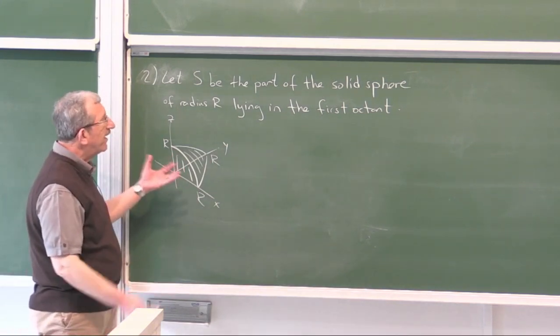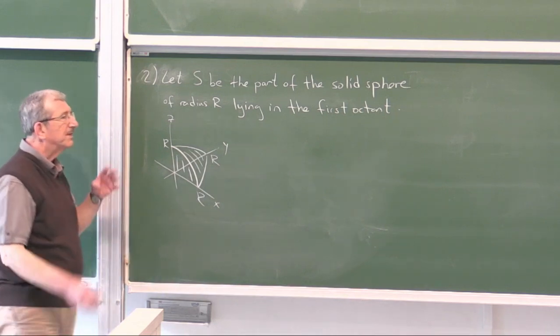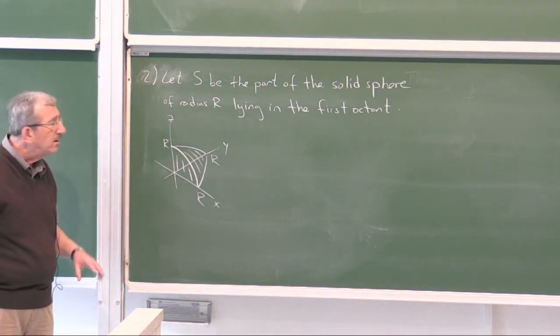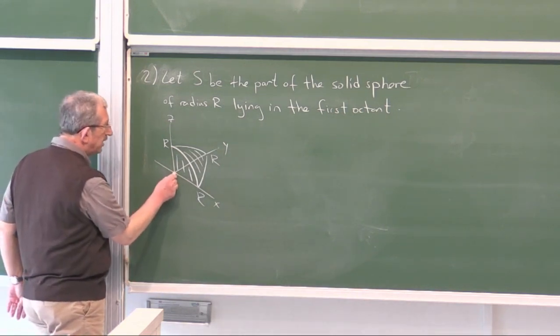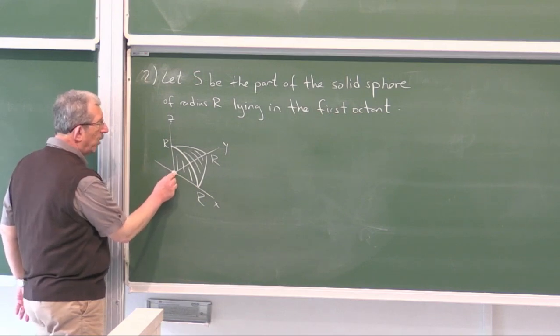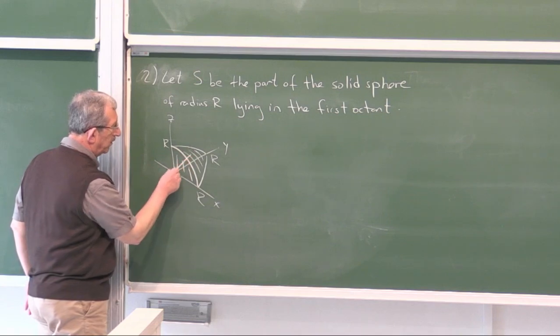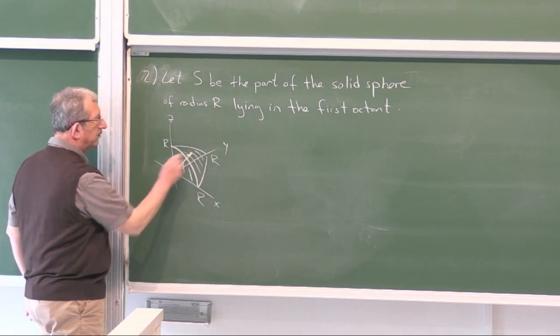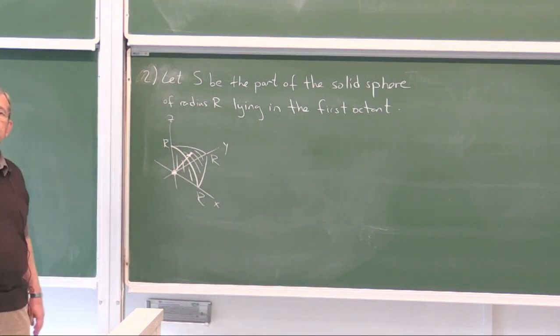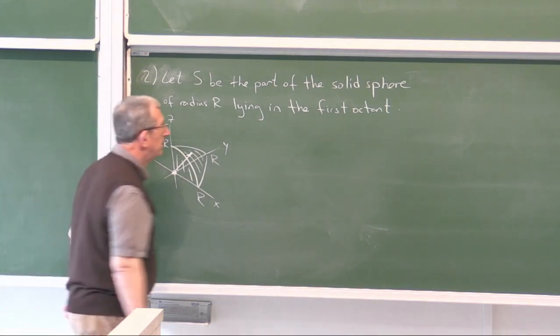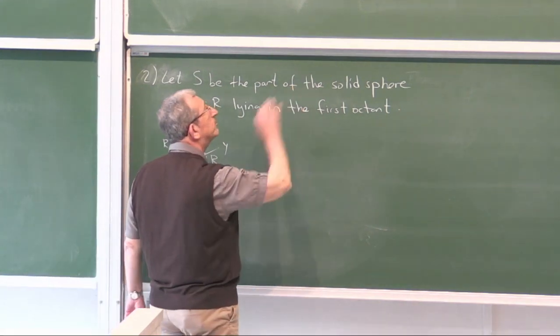Now, how does this affect the simpleness of the region? It does not. Namely, rho starts from the origin, goes up to the sphere all the time, because it's part of a sphere. So I will not go into details.